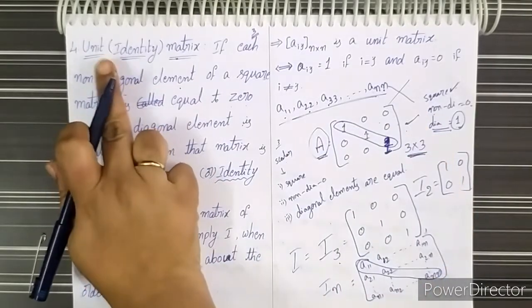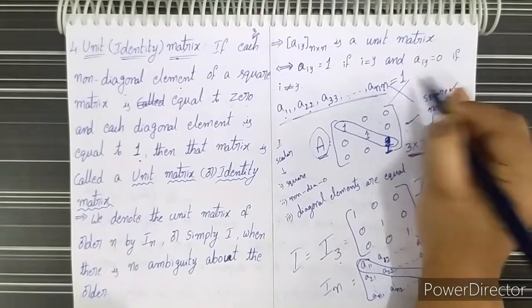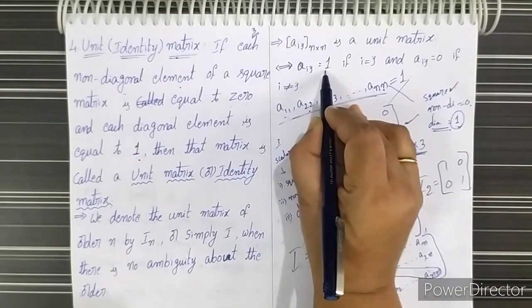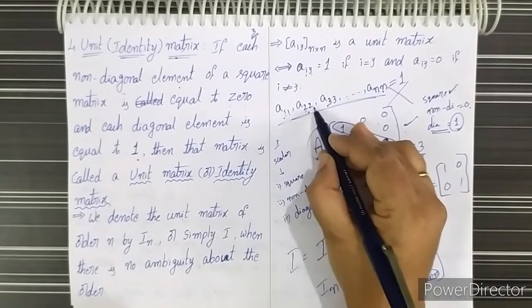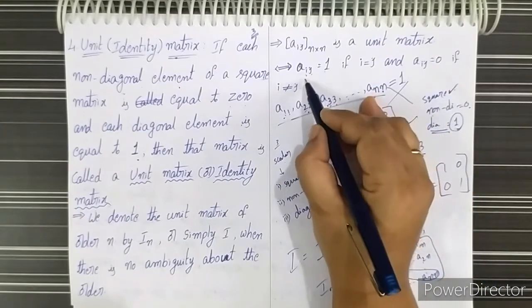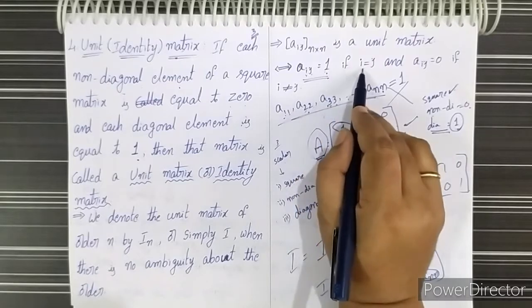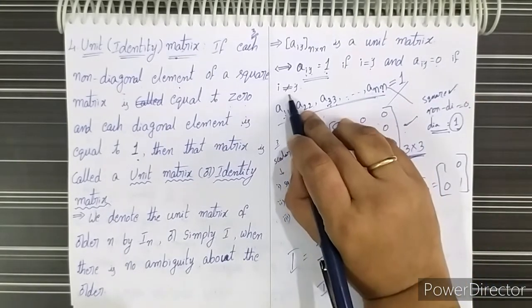For a unit matrix, all diagonal elements are equal to 1. That is, aij equals 1 when i equals j. That means a11, a22, a33 are each equal to 1. This is the simplified form: aij equals 1 if i equals j, and aij equals 0 if i is not equal to j.